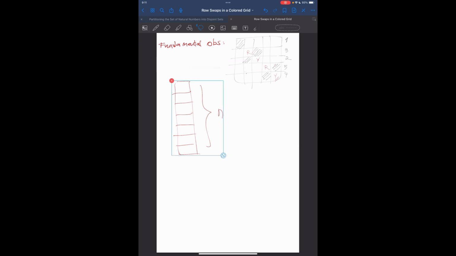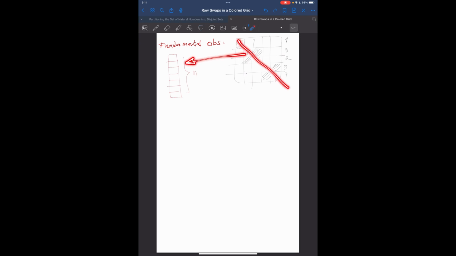Then what exactly does this column look like? This is the diagonal that I just bring here, and make it vertical, just for simplification. So here, for example, I have 1, 2, 3, 4, 5, and I have black, blue, and then I have red, I have yellow, I have red, I have yellow.